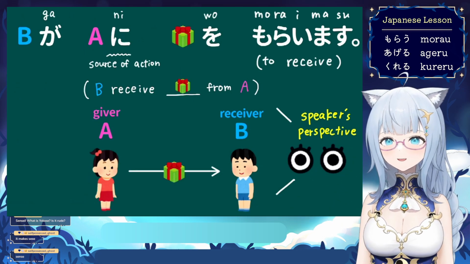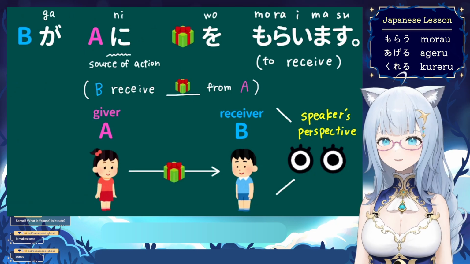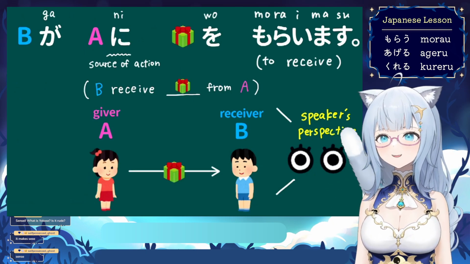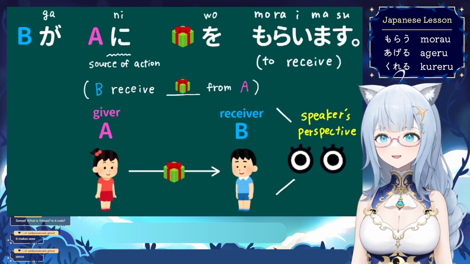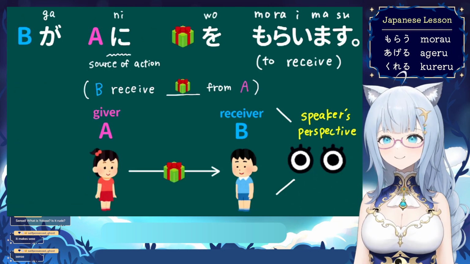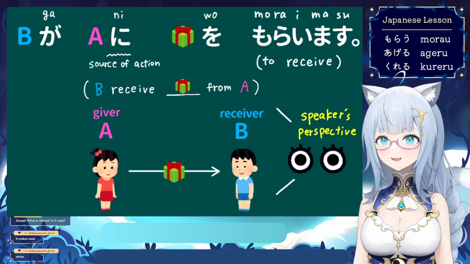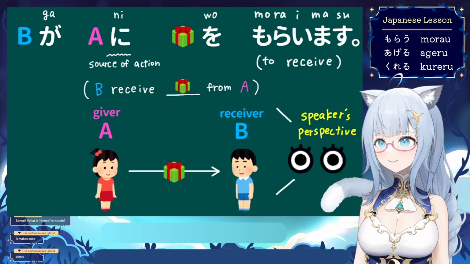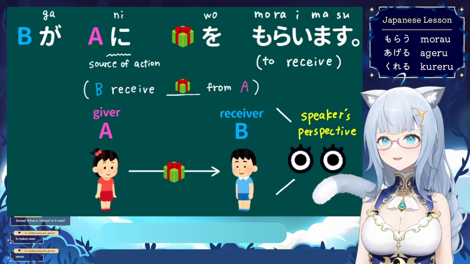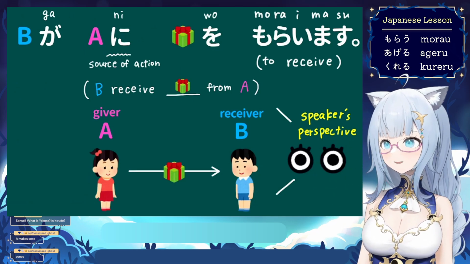Okay, so we already know what perspective is. Let's go back to the sentence. B が A に something をもらいます。B receives something from A. And in the もらいます sentence, the speaker's perspective is always B, the subject side.